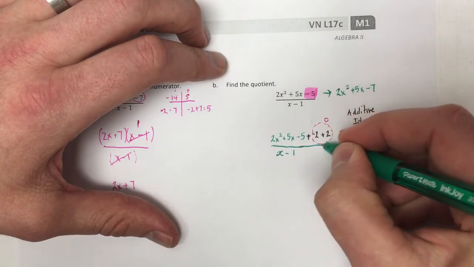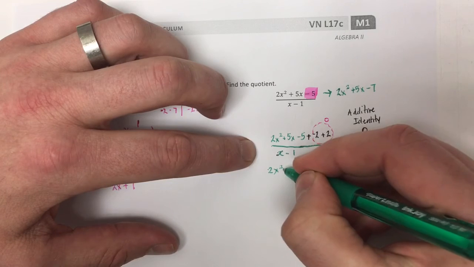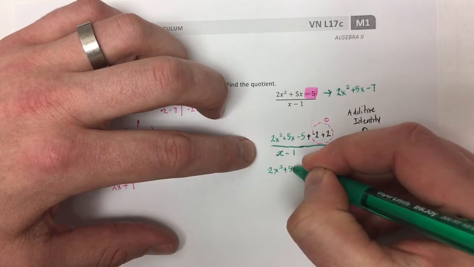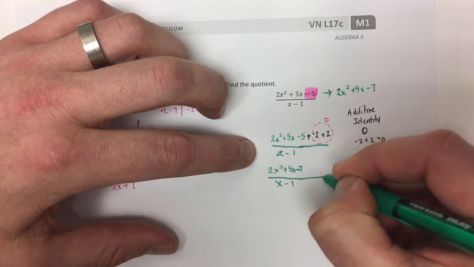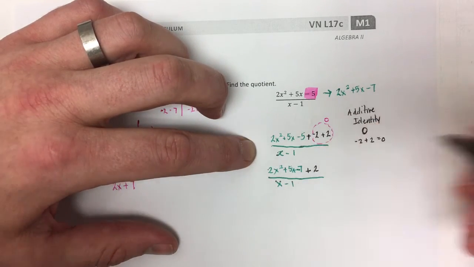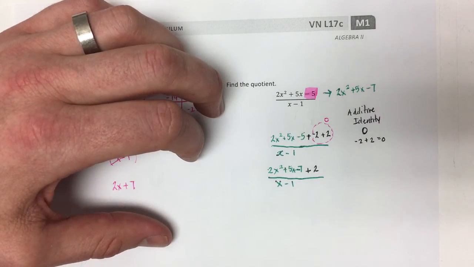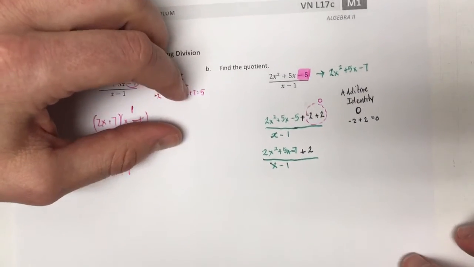And then I just group it, and I'll see that this is 2x squared plus 5x minus 7 over x minus 1. And then this is sort of out there as a plus 2. And then if I go back to my fractional operations example from the previous problem, I can actually pull these apart as long as I keep the denominator.